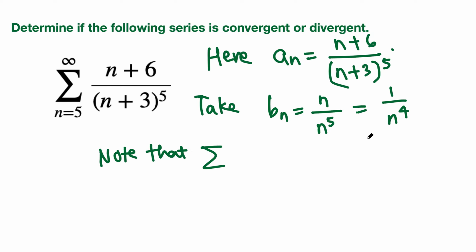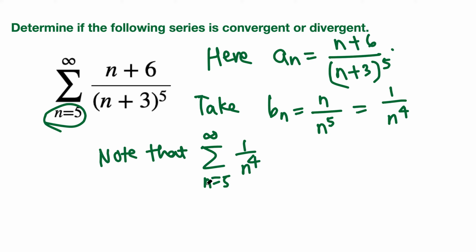Note that the series b_n, which is 1 over n to the 4th, n from 5 through infinity, to match the question. What do we know about 1 over n raised to the power p? So this is a p-series with p equals 4, bigger than 1. Then this series converges, being a p-series.